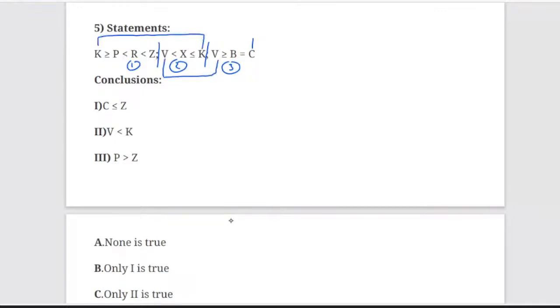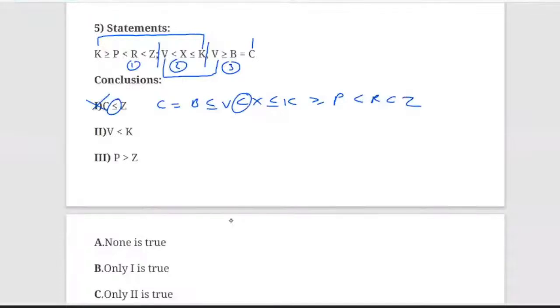Now, if C is less than or equal to Z, that means C is equal to B, B is less than or equal to V, V is less than X, X is less than or equal to K, K is greater than or equal to P, P is less than R, R is less than Z. Now, this is given as greater than or equal to. As soon as you see even one small less than symbol, you can mark it as a wrong symbol.